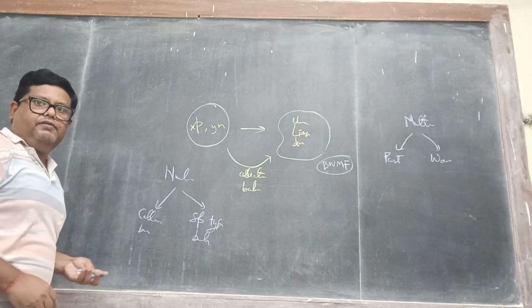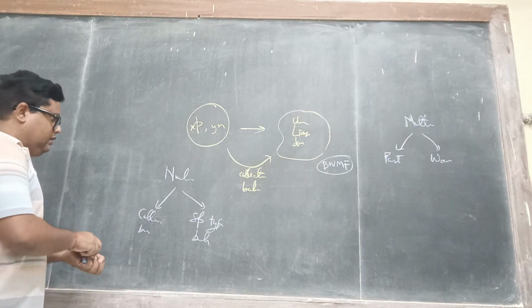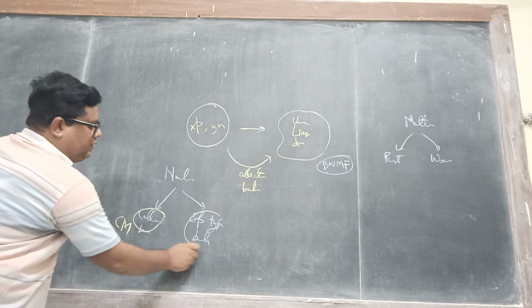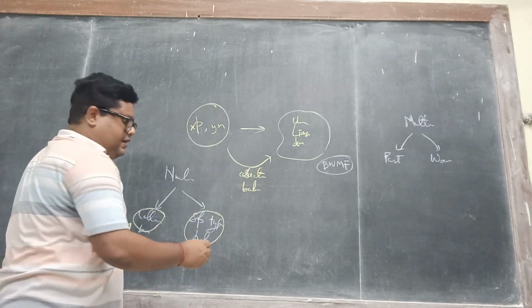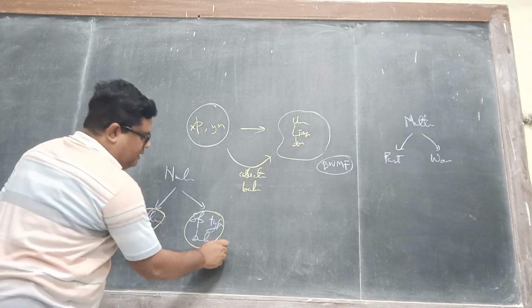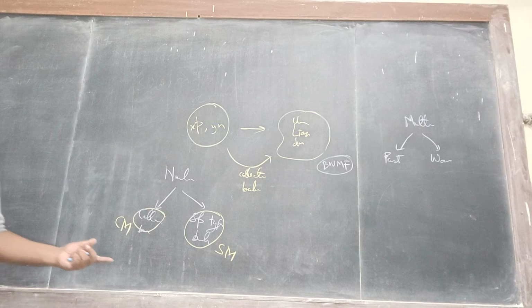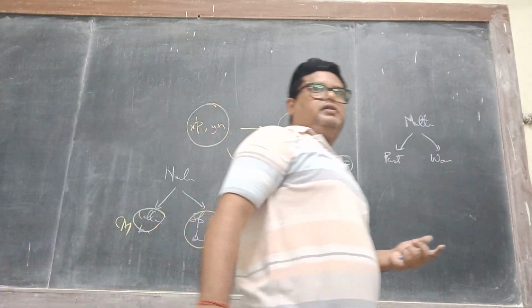The collective behavior we try to understand through collective models, and the single particle type behavior, one of the most basic models is the shell model. So this is what you have learned in your graduation days.